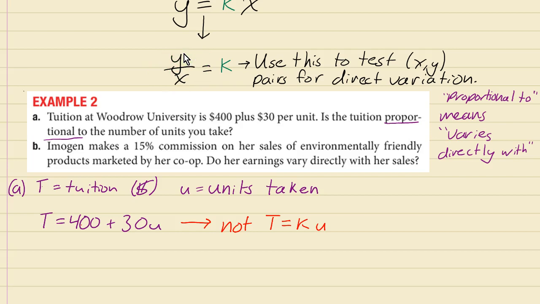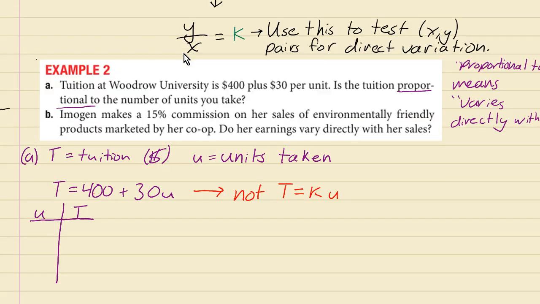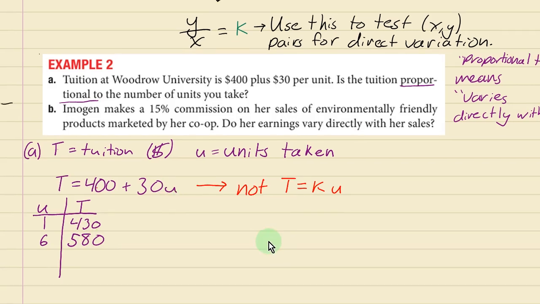So we can make a small table of values that we can plug in here. For example, if you just take 1 unit, then the tuition is going to be your $400 plus the $30 for the 1 unit, so $430. If you take, let's say 6 units, your tuition is going to be $580 if you plug in u equals 6 here. If u is 10, we're going to have $700 total.